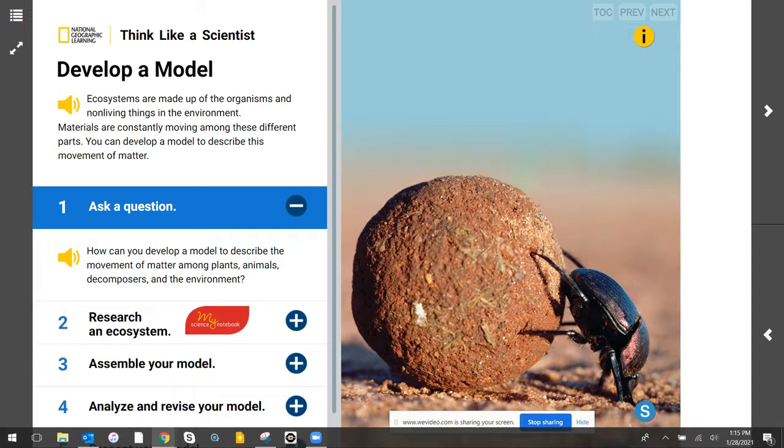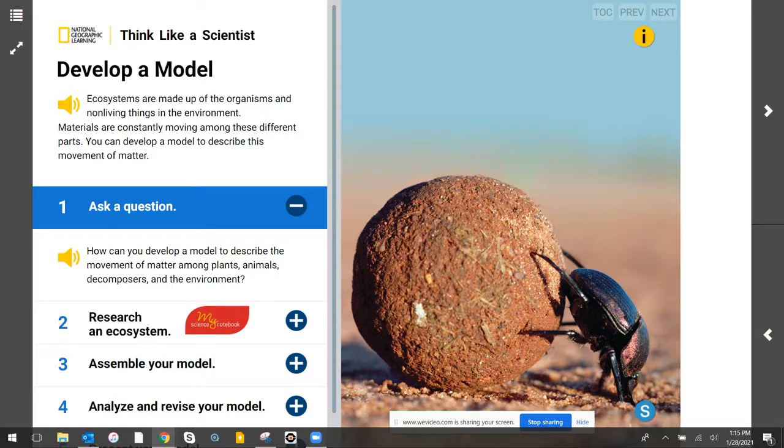We have studied to this point the words producer, consumer, decomposer. We have talked about microbes in the soil. We've talked about the air. In previous grades, you've talked about how other parts of the environment would include the weather and the precipitation. Those are all parts of the environment.